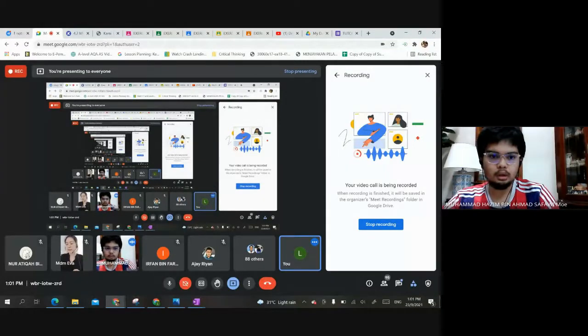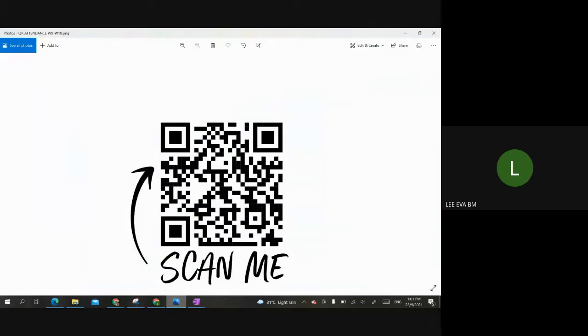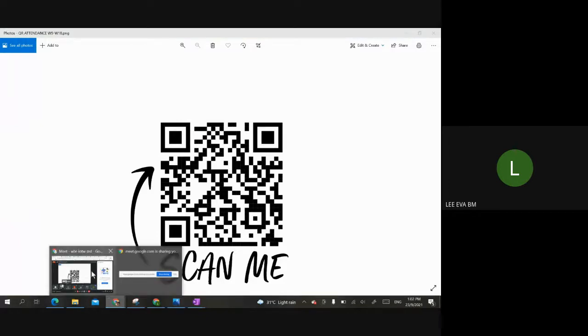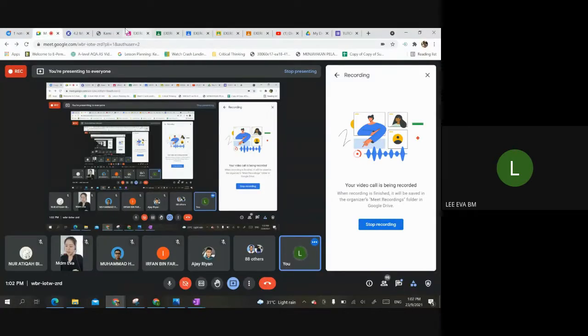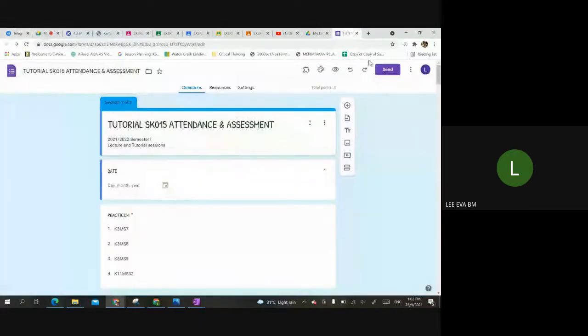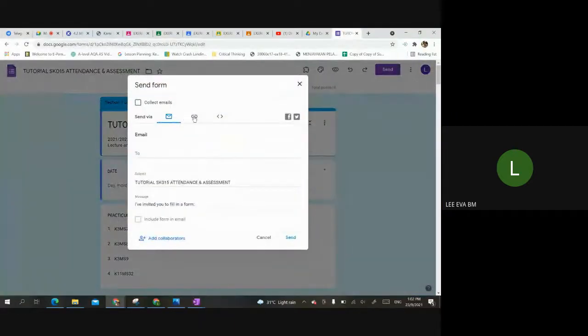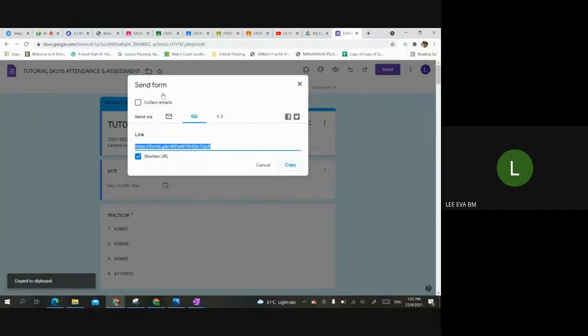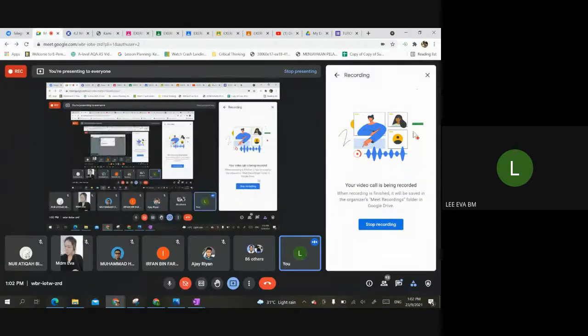All right. Why don't you use a link? Alright. Madam will give a link, but madam is worried that if madam sends the link in your Telegram, people who are not inside will scan it too. So madam cannot detect. This is the problem why madam is doing this one. But hold on, madam will give it in the Meet here.